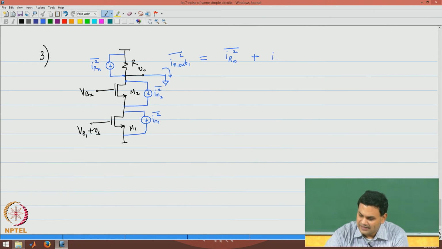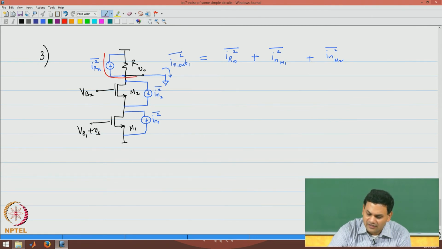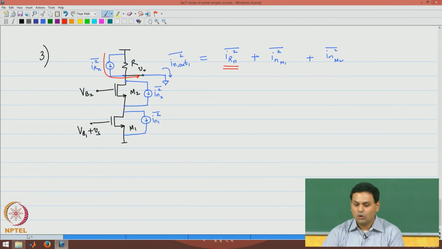Let us say that the output noise due to M1 is INM1 squared, and the output noise due to M2 is INM2 squared. So these are the 3 components flowing through the output. Please note that the noise from the resistor flows directly into the short circuit, so that is why I have written it straight away at the output.